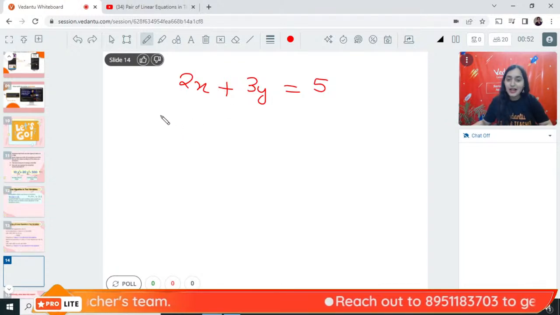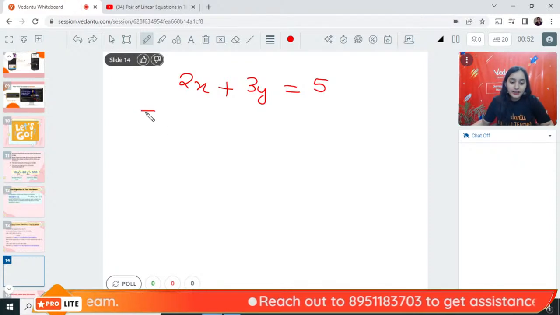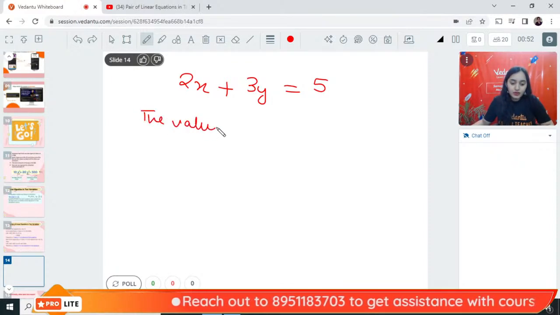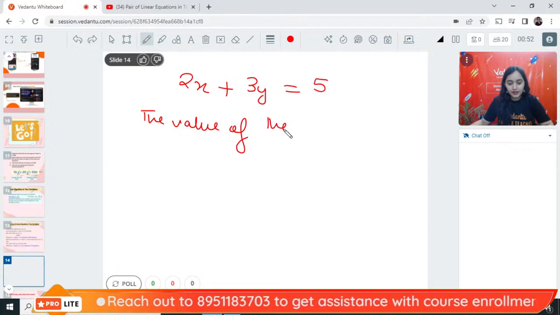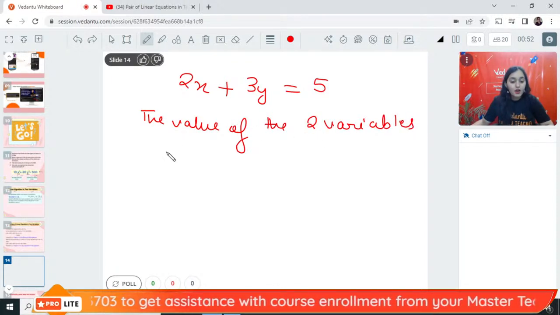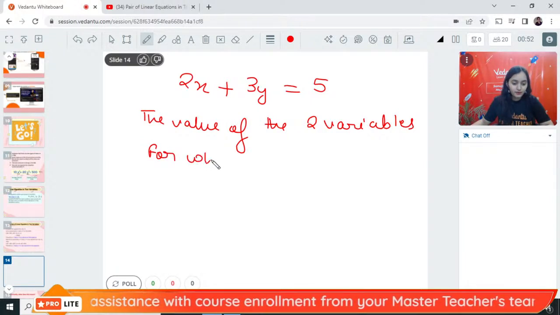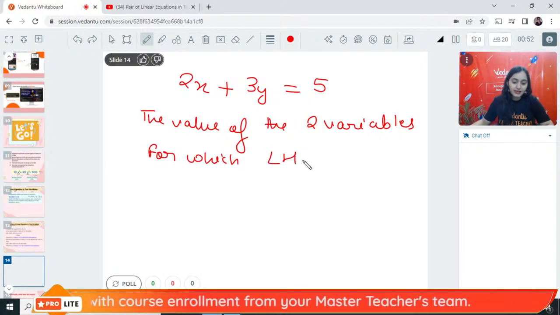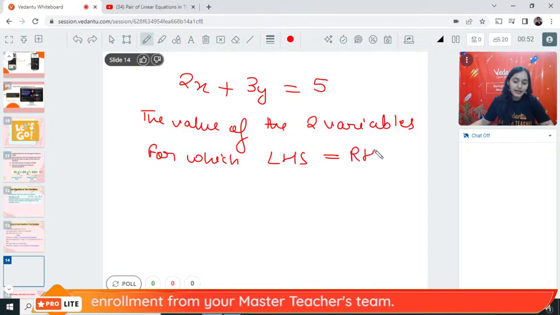Any idea? Well, the answer is the value of the two variables for which left hand side becomes equal to right hand side.